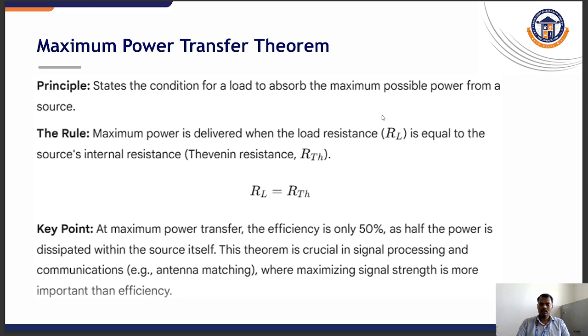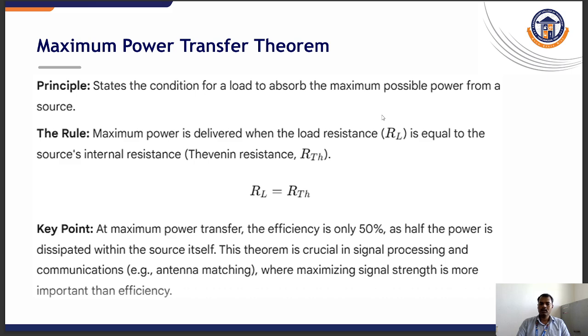So here also we will be finding the same Thevenin resistance, but we will be equating it with the load resistor, so that the Thevenin resistance is equal to the load resistor. If this is the case, then the maximum power is delivered from the source. So this is what the maximum power transfer theorem implies.